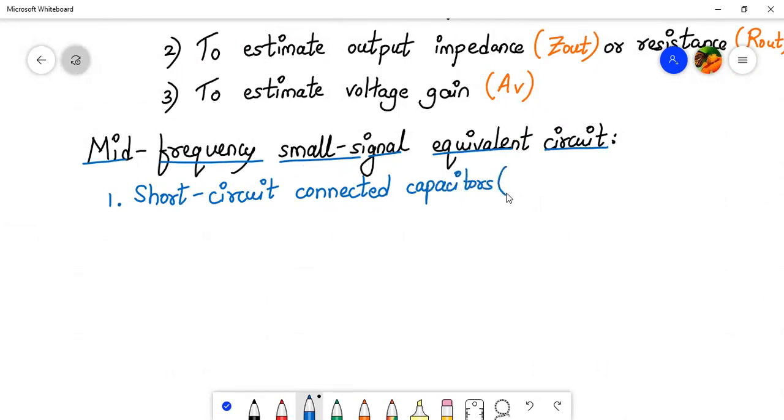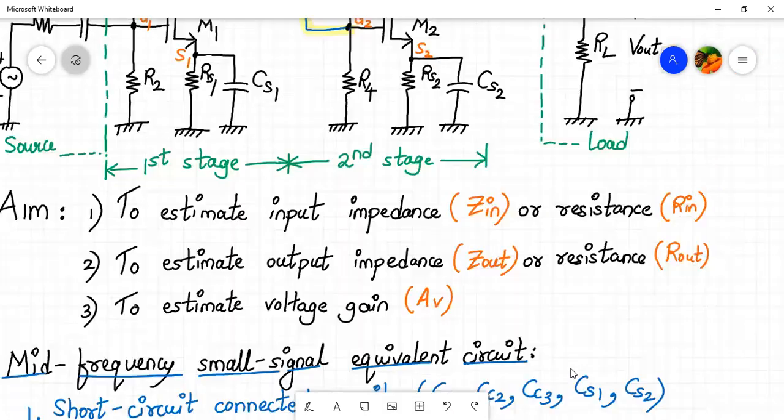The connected capacitors will be CC1, CC2, CC3, bypass capacitor CS1, and bypass capacitor CS2.